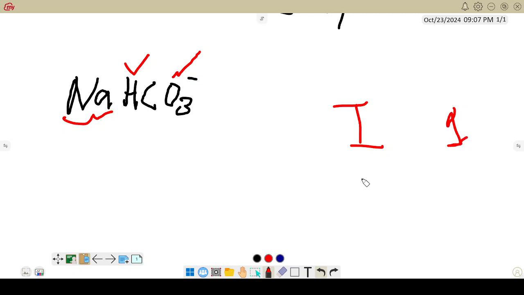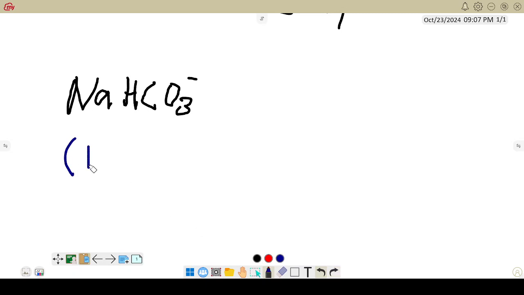And all group 2 elements have an oxidation number of 2. Now let us calculate the oxidation number of carbon here.